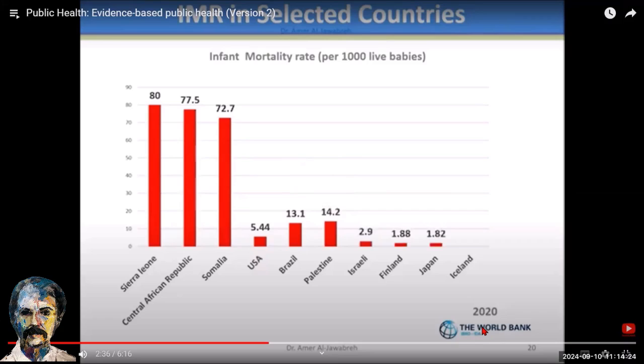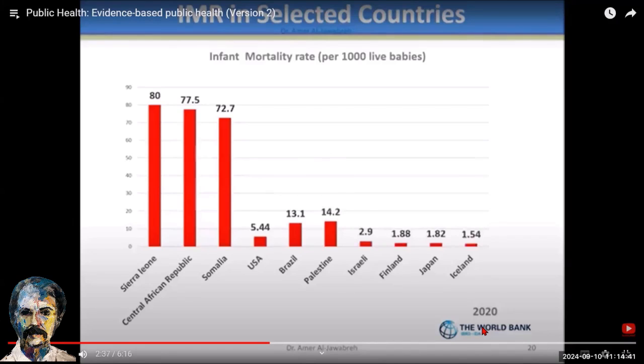This reflects what? A good health system. Our system is not bad, but it's in between. But 2.9 is a good health system. Finland 1.8, less than 2. Japan less than 2. Very good system.